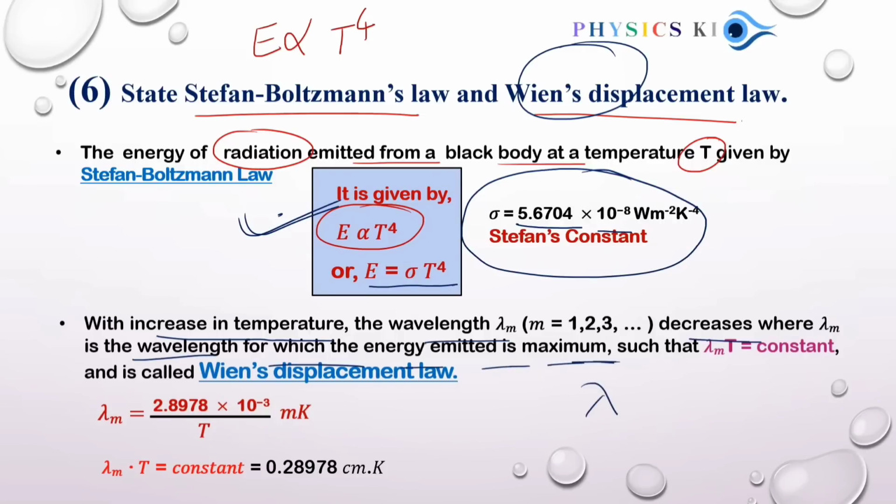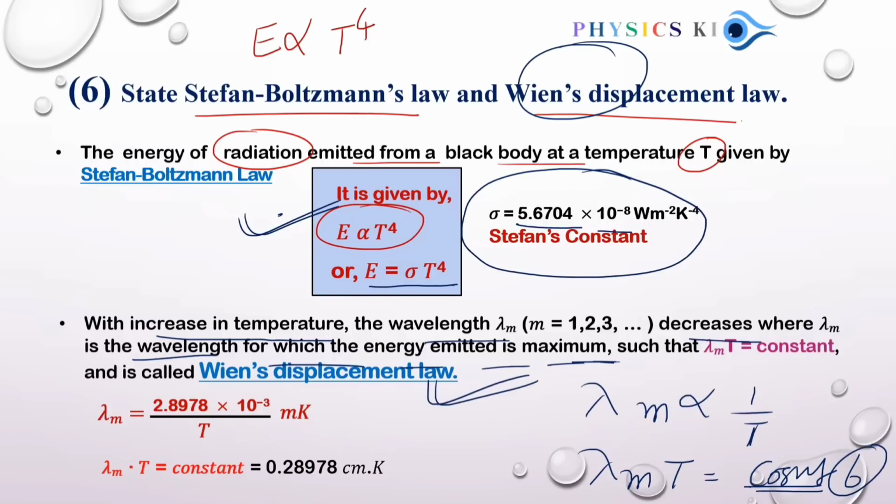So lambda m is proportional to 1 by T, and just remove this proportionality sign, lambda m T is equal to constant, and this constant symbol is B. That B is Wien's constant, and that value is 0.28 centimeter into Kelvin. So this law's name is Wien's displacement law. Just write 2 statements and 2 equations, you got 2 out of 2 marks.